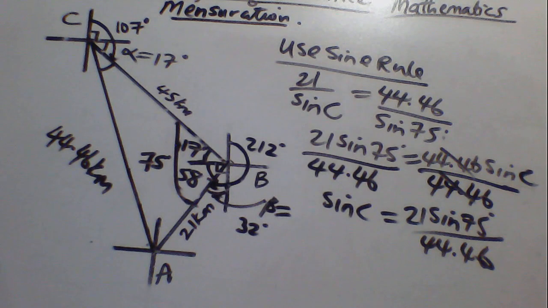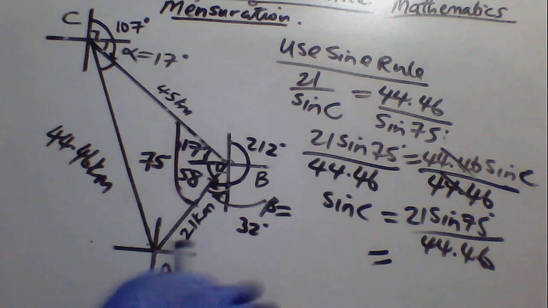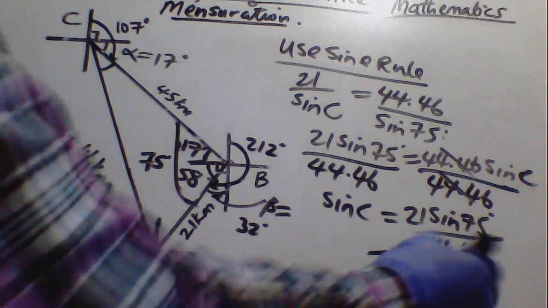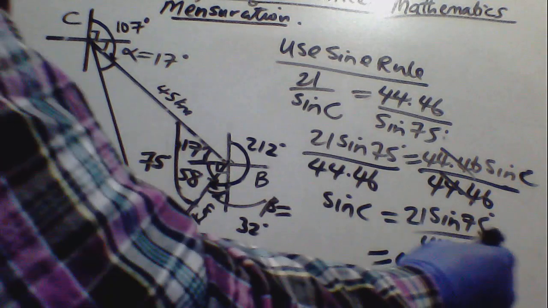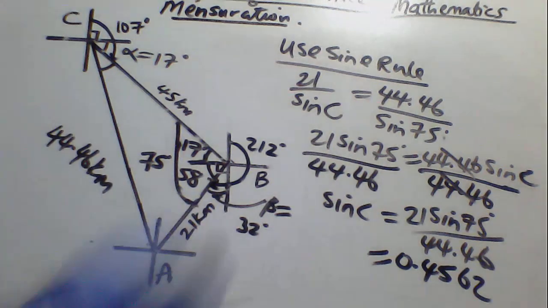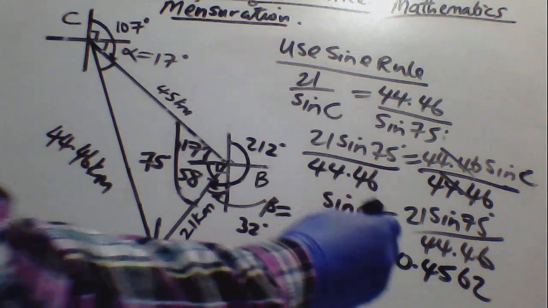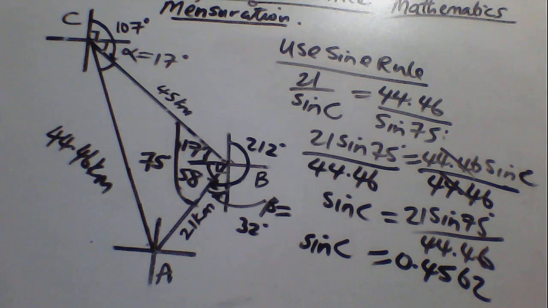So simplify this work. Using your calculator, for my calculator I have that this is equals to 0.4562. So sin C is equals to 0.4562.